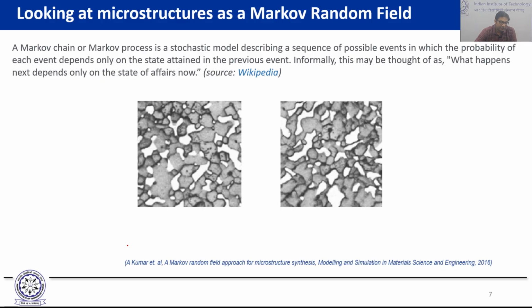Wikipedia says that a Markov chain or a Markov process is a stochastic model describing a sequence of possible events in which the probability of each event depends only on the state attained in the previous event. So you can think of it that whatever is happening next is going to depend only on the state of the material at this juncture of time, and then the thermal history or basically any form of history of the material does not matter.